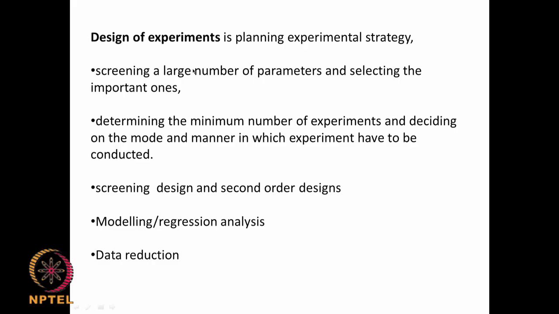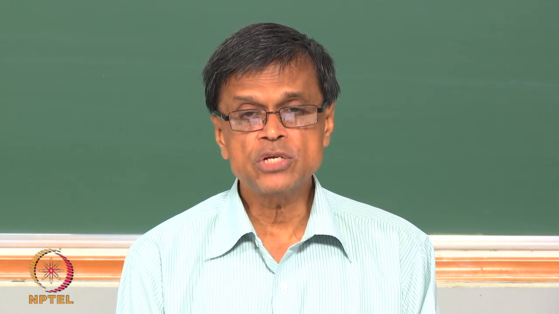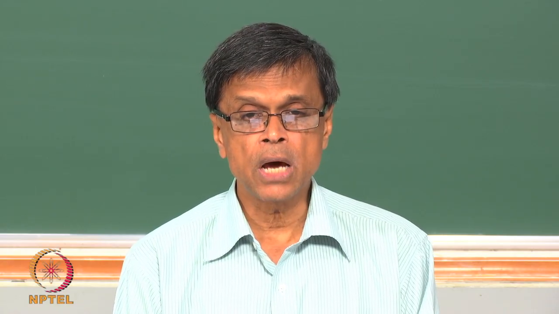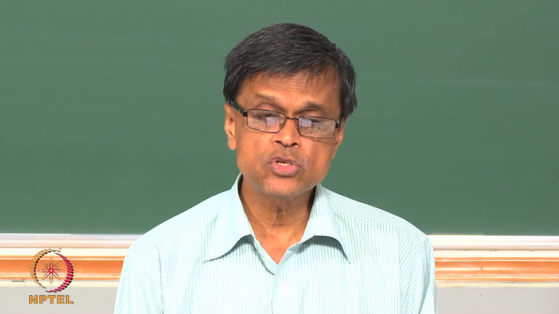We are screening a large number of parameters. For example, in an aerobic fermentation, pH may affect yield, temperature may affect yield, inoculum size may affect yield, the volume, aeration rate, agitator RPM, the amount of carbon you are adding, amount of nitrogen you are adding, amount of micronutrients you are adding. So all these have an effect on your final product actually.